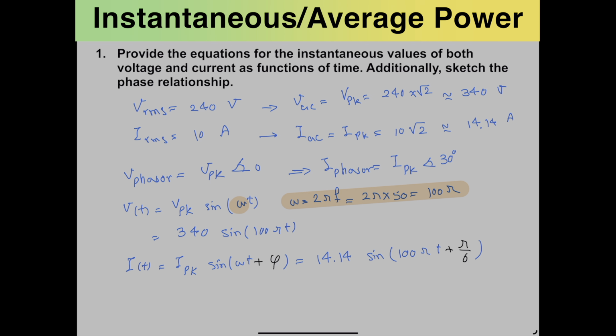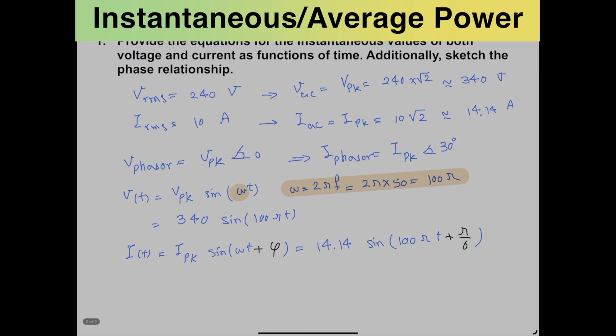The next part of the question says, additionally, sketch the phasor relationship, the phase relationship. In order to do that, we know that the angle for voltage is going to be 0. So typically, it's going to be plotted on the horizontal axis because that's the baseline.